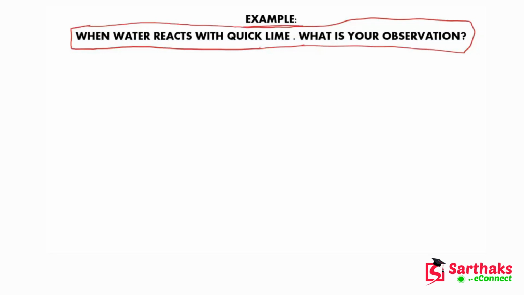Now guys, let's see what he has given here. So let me write the solution. In this question, it is said that water reacts with quicklime. So first of all, we should know what quicklime is. Quicklime, I told you, is CaO, calcium oxide. Okay. And what is the chemical formula of water? We know the chemical formula of water is H2O.